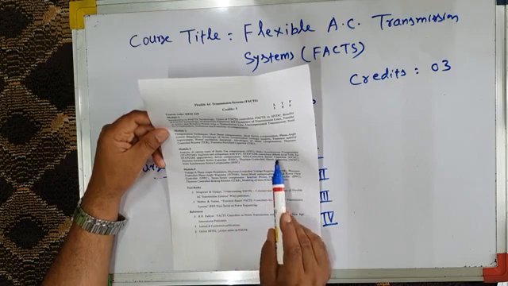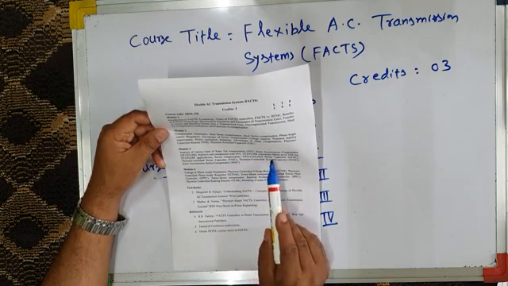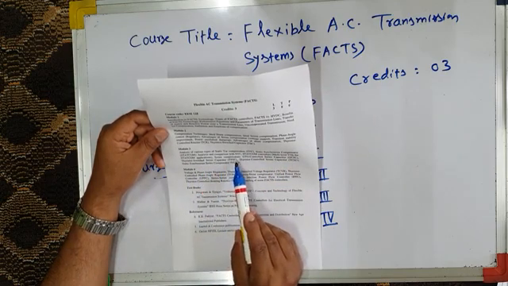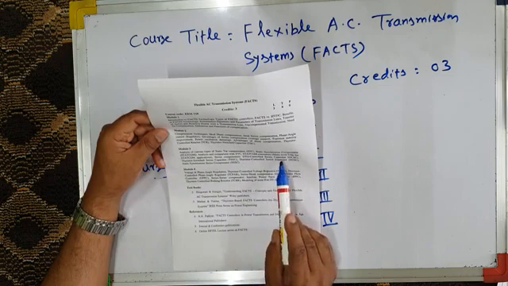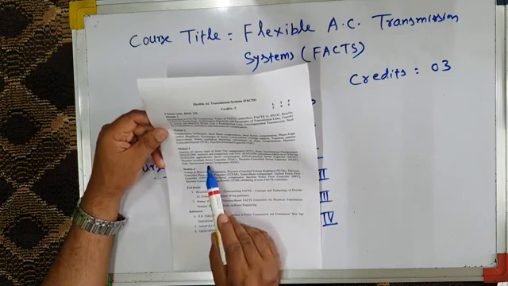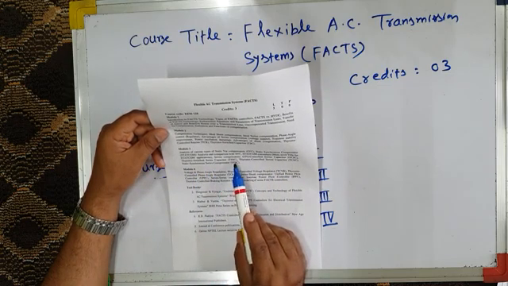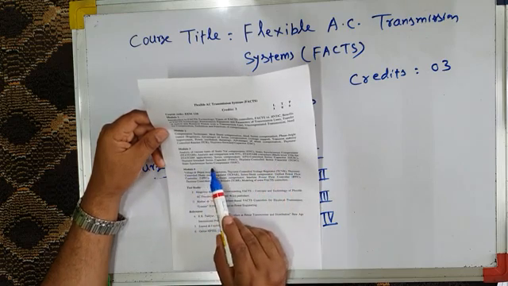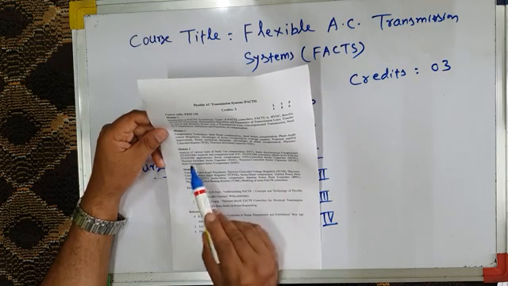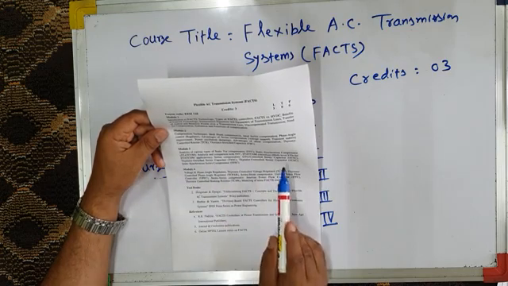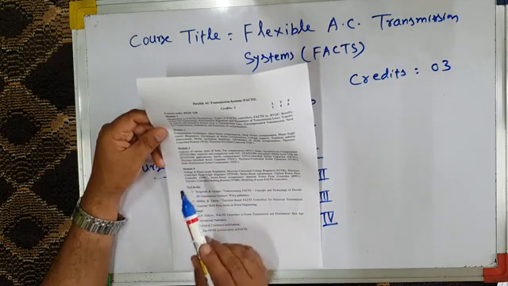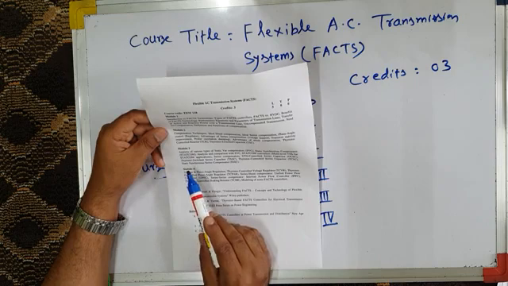STATCOM converters, like multi-level voltage source inverters for STATCOM applications, series compensators like GTO controlled series capacitor, that is GCSC, thyristor switched series capacitor TSSC, thyristor controlled series capacitor TCSC, and static synchronous series compensator SSSC. So main series and shunt compensators will be covered in module 3. It will be a fairly long module as far as various types of FACTS devices or FACTS controllers are concerned.